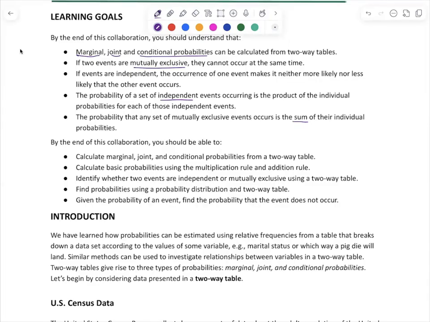So in this lecture, we're going to go over some new terminologies and some new rules for calculating probabilities.